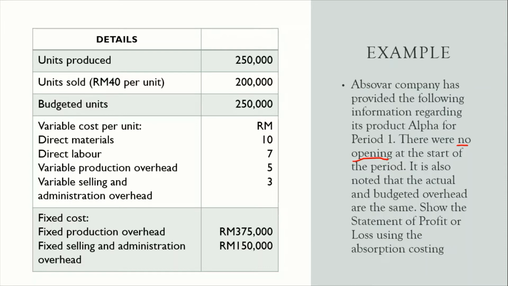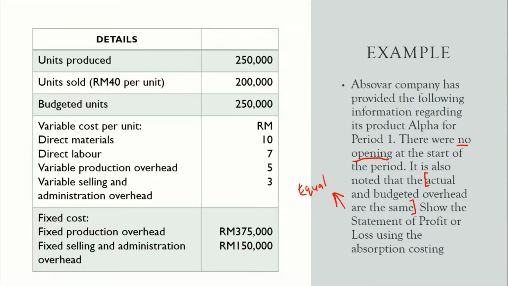It is also noted that the actual and the budgeted overhead are the same. So you can see it is stated already that the actual and the budgeted are the same, which means this situation is the third situation, which is equal. So there would be no differences.